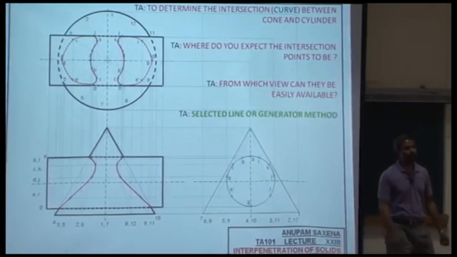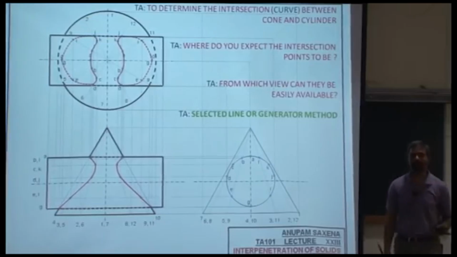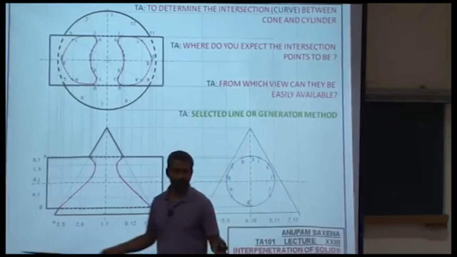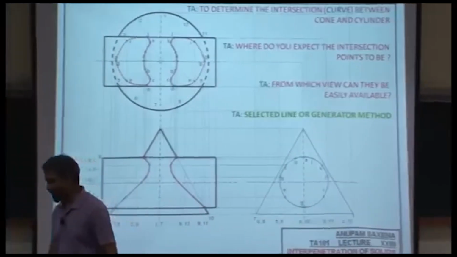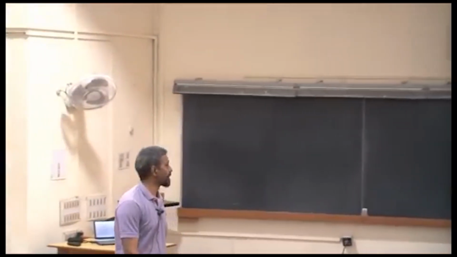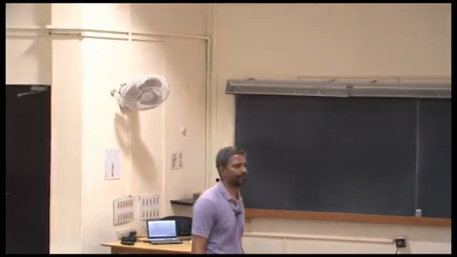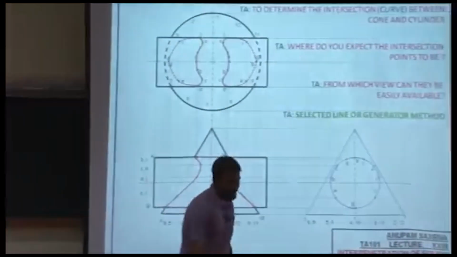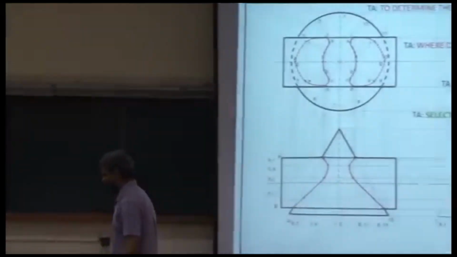Once you get the points of intersection, label these points very carefully. They have to lie on certain lines. Once you label them carefully, transfer them onto the front view and the top view. Straightforward.